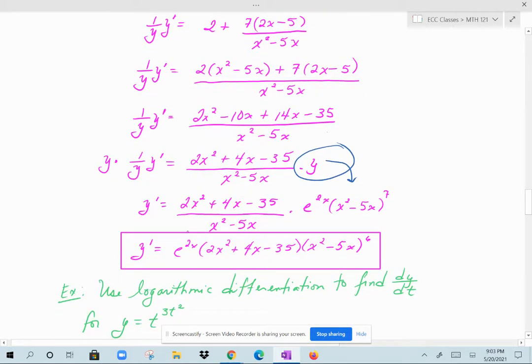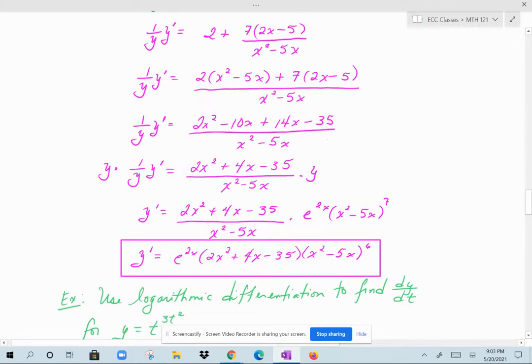And this x squared minus 5x cancels with one of these, so your final answer is e to the 2x times 2x squared plus 4x minus 35 times x squared minus 5x raised to the 6th power.